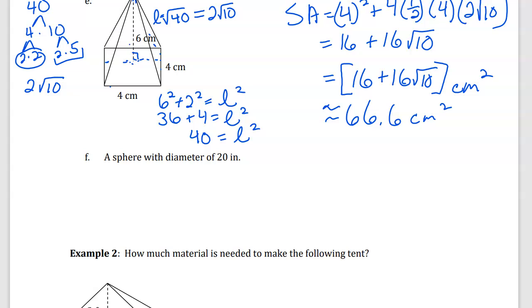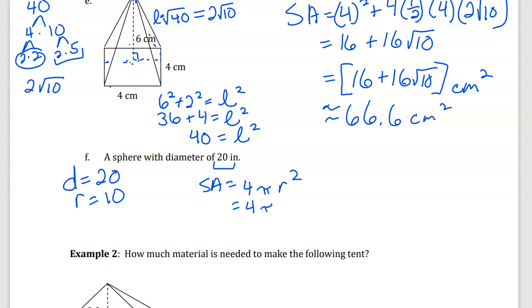Now let's look at the sphere with a diameter of 20. So we know diameter is 20. That means the radius is going to be half of that, which is 10. Surface area is 4 pi r squared.